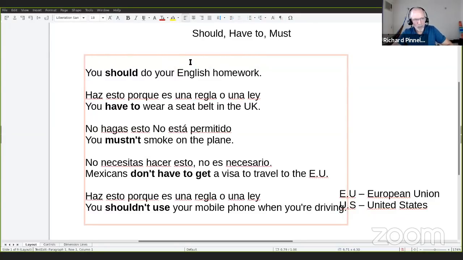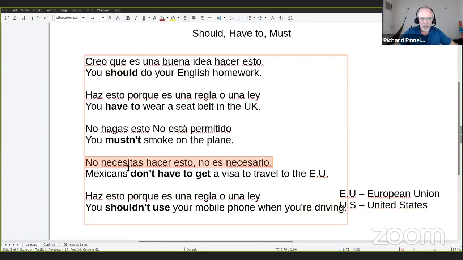So first of all, cuando creemos que algo es una buena idea o es como una recomendación, usamos should. Cuando queremos hablar de una regla o algo que es obligatorio, usamos have to, como en español, tienes que o tiene que. Cuando hablamos de prohibición, usamos must not.